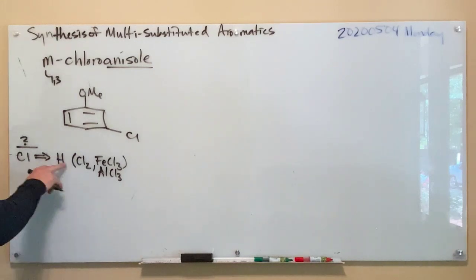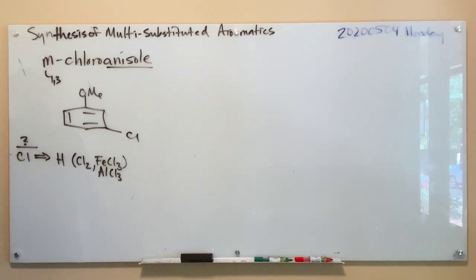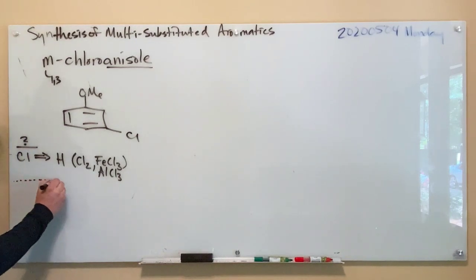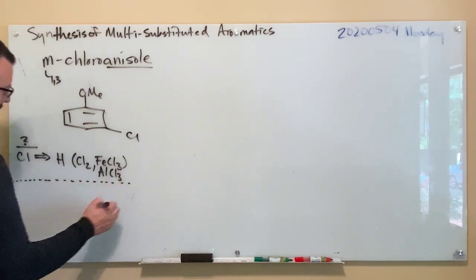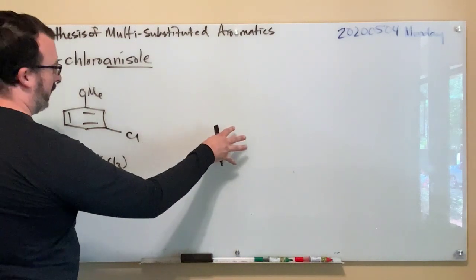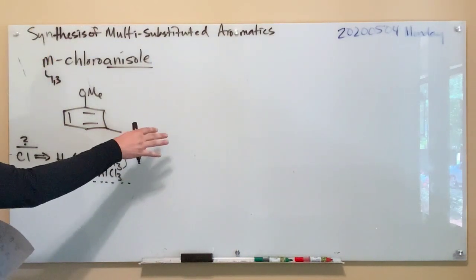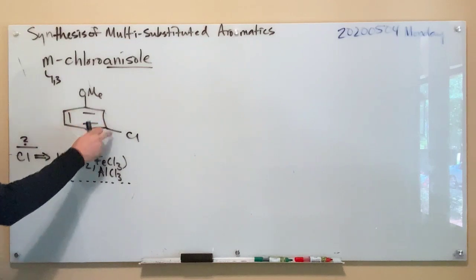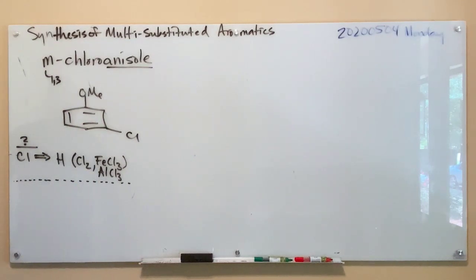So that's a pretty straightforward substitution. So let me draw a dotted line. And again, what we're doing here is just how do we get that substituent itself onto the ring? And again, what we're going to do here is organize a sequence to properly get the right 1-3 relationship.